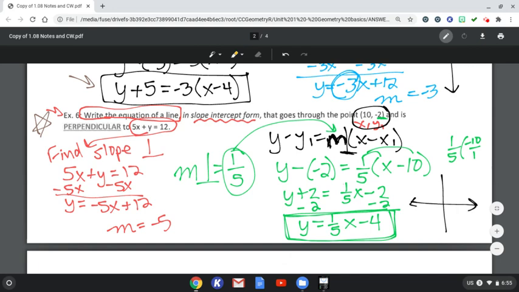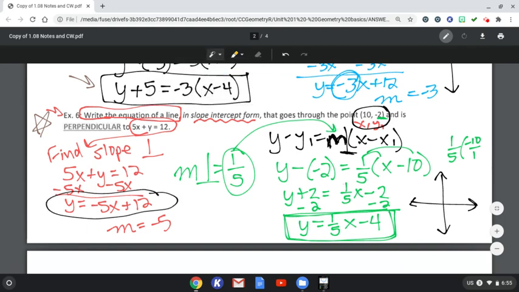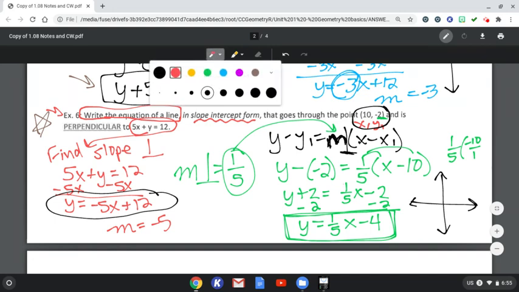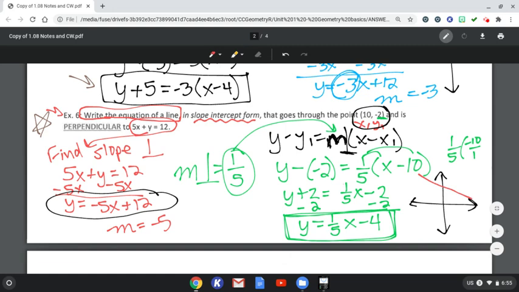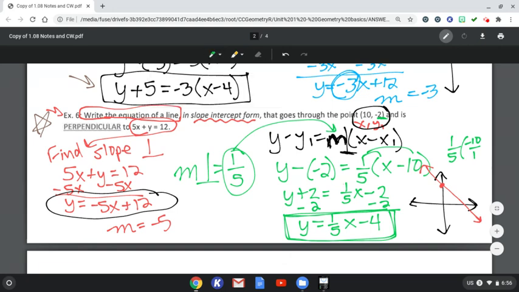So let's think back to the whole question here, okay? So our first equation was this one. y equals negative 5x plus 12. So if I sketch that red line, negative 5x plus 12, let me undo that because it should be a little steeper. Okay, so we're imagining that this crosses at positive 12. So that's the first line that we started with. But we wanted a new line that went through the ordered pair over 10 down 2.